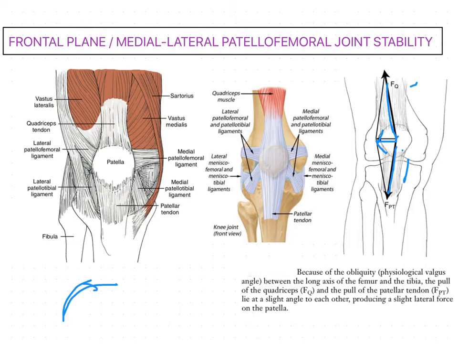Yes, the presence of this resultant lateral pull on the patella in extension, where the bony stability is reduced, suggests that soft tissue stabilizers must assume more responsibility for medial lateral stability. So these forces cause lateral pull of this patella.